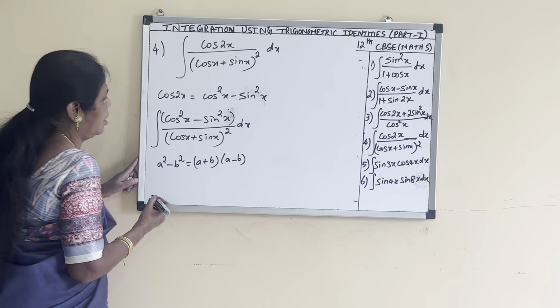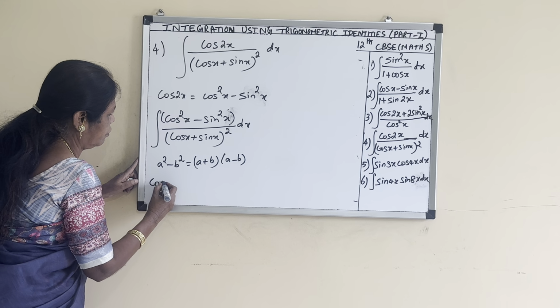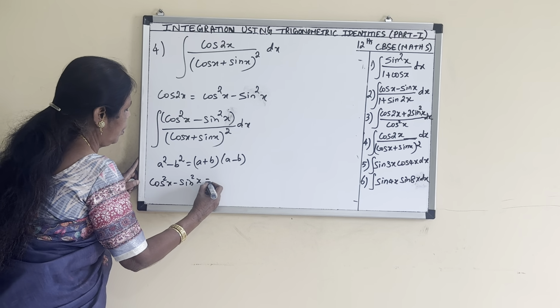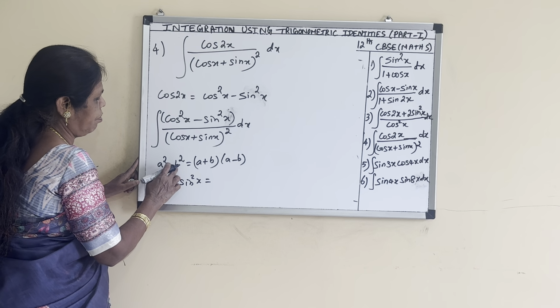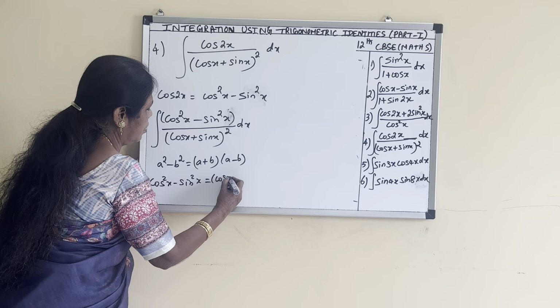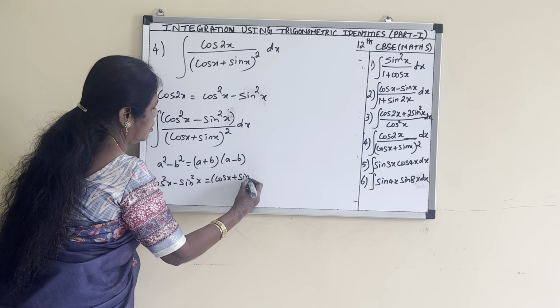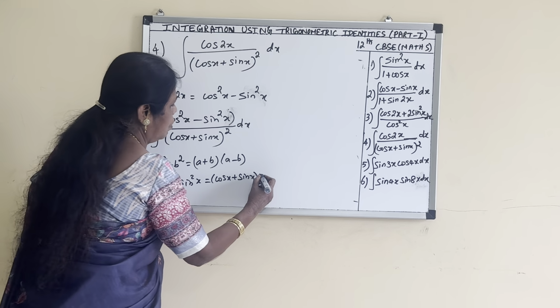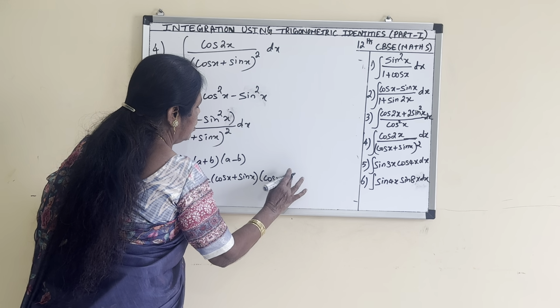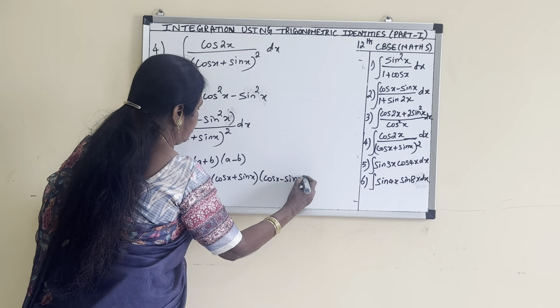So I am going to write cos squared x minus sin squared x: in the place of a, cos x, in the place of b, sin x. So here also it is cos x plus sin x into cos x minus sin x.